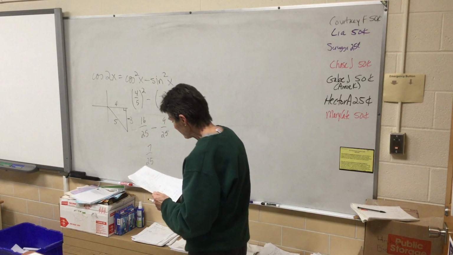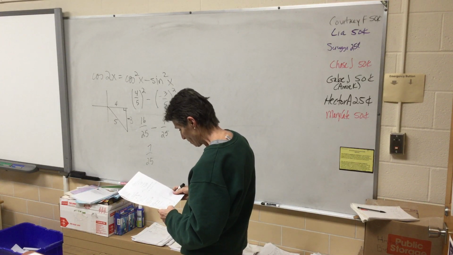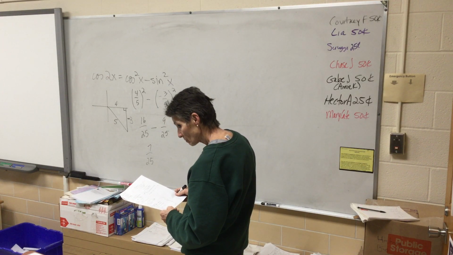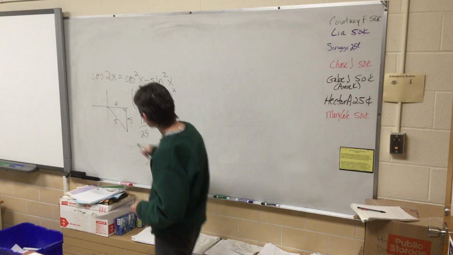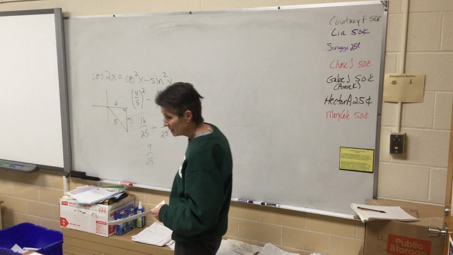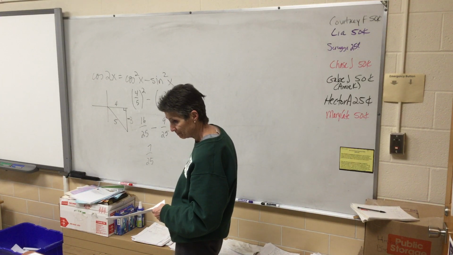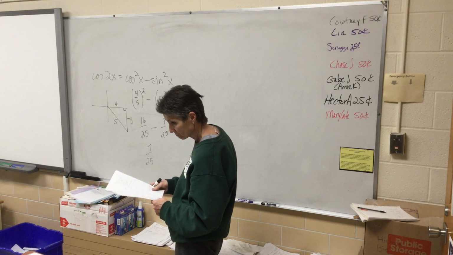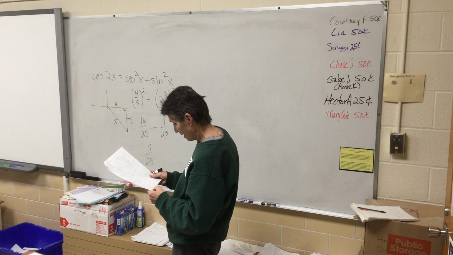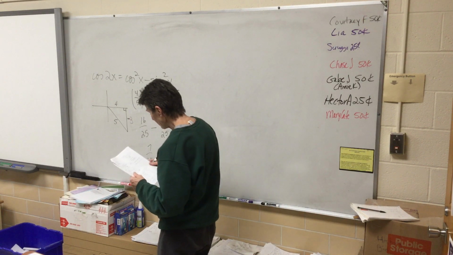Okay? Anybody have a question about that? If you'd been asked for sine 2x, you would do everything exactly the same but use a different formula, right? Yeah. Okay. All right, let's look at number 7.